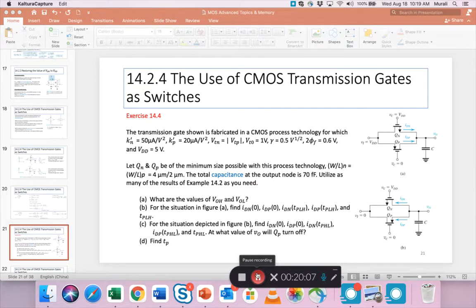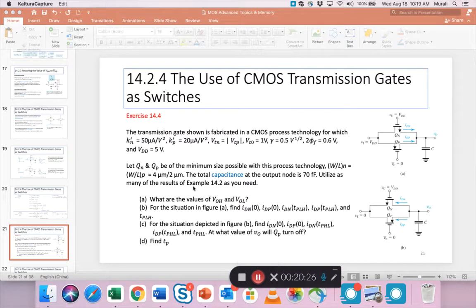So this exercise also is in the textbook. In fact, the answers are also given. And it is a CMOS gate this time, or CMOS switch.